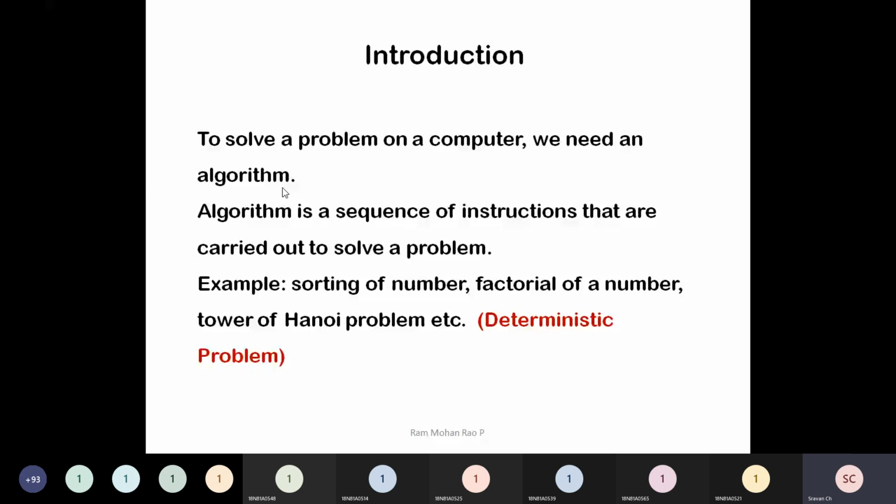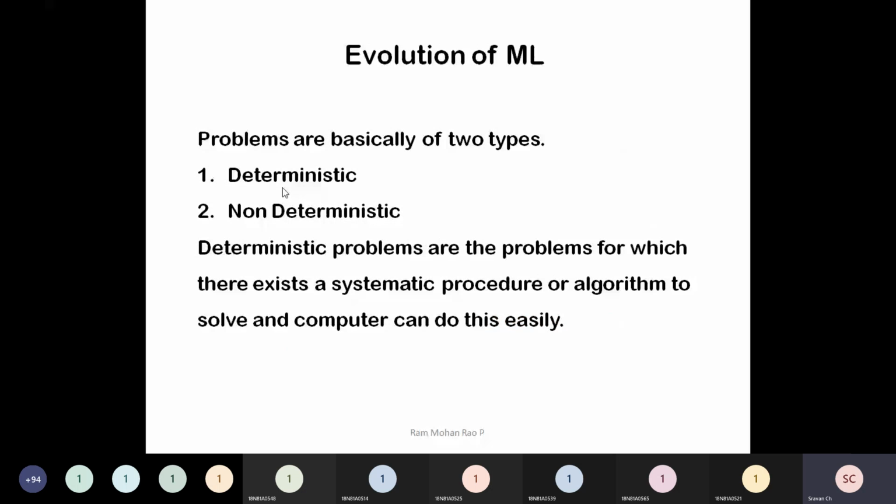Deterministic problems are the problems for which there exists a systematic and standard procedure. Non-deterministic problems don't have a fixed solution. So for non-deterministic problems, we can't write any standard algorithm or procedure to solve them, right?